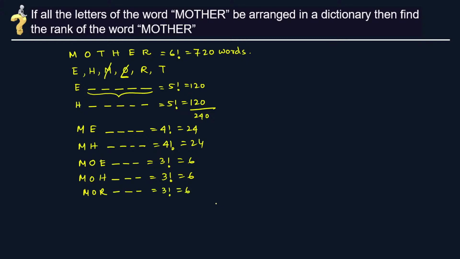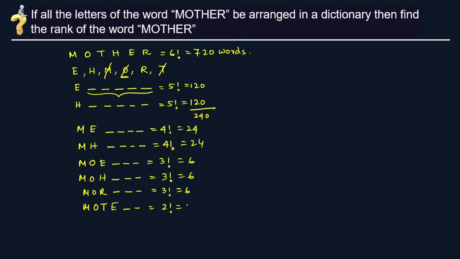All are placed in the dictionary, yet your word MOTHER has not come. After R, according to the alphabets given to us, it will be M, O, R is gone. So naturally now T will come. The moment T comes, alphabetically it should start with E. And how many such words will be formed?